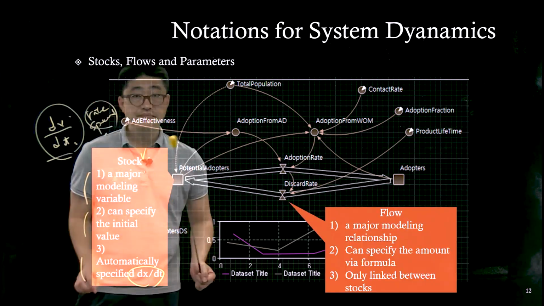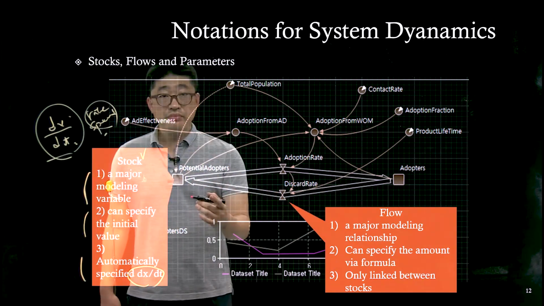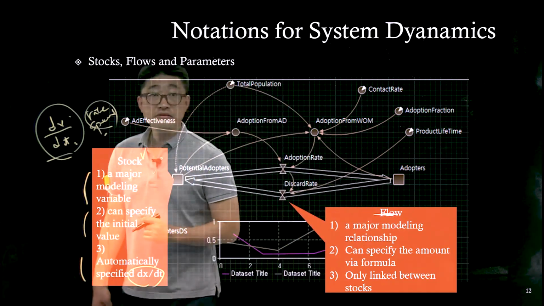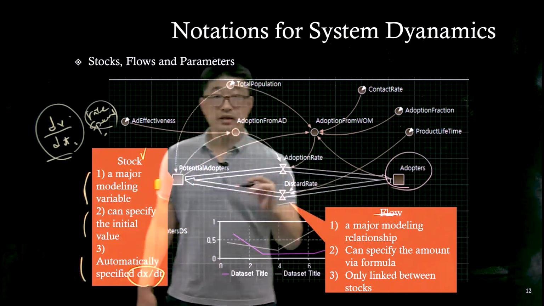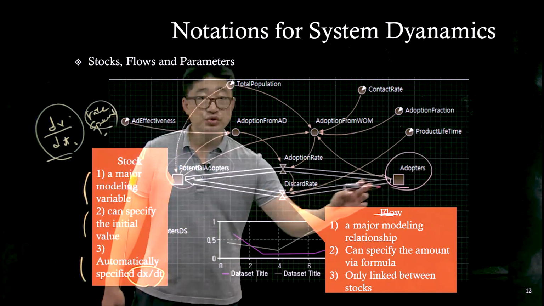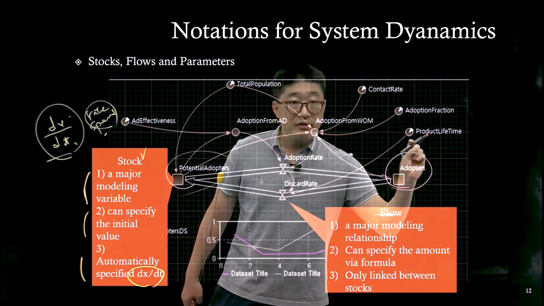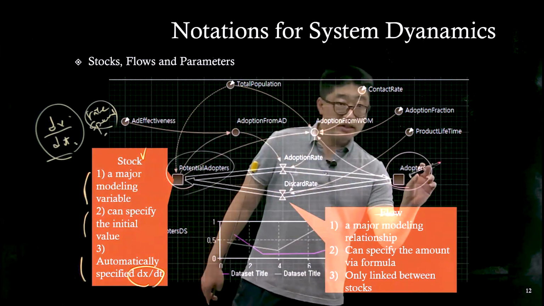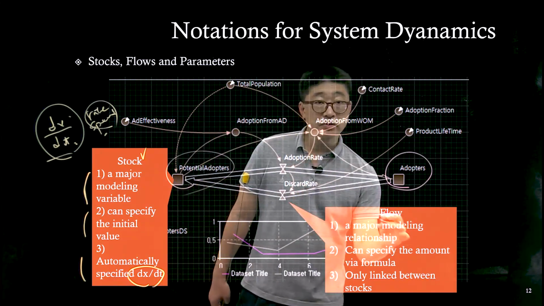Another major modeling feature is the flow. A flow models relationships between adopters and potential adopters. How potential adopters turn into adopters, or are moved to adopters, is modeled by the flow.